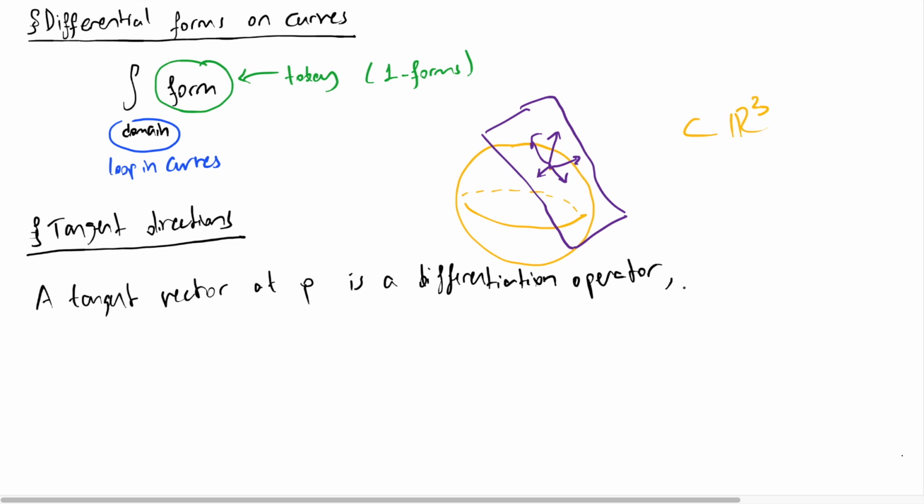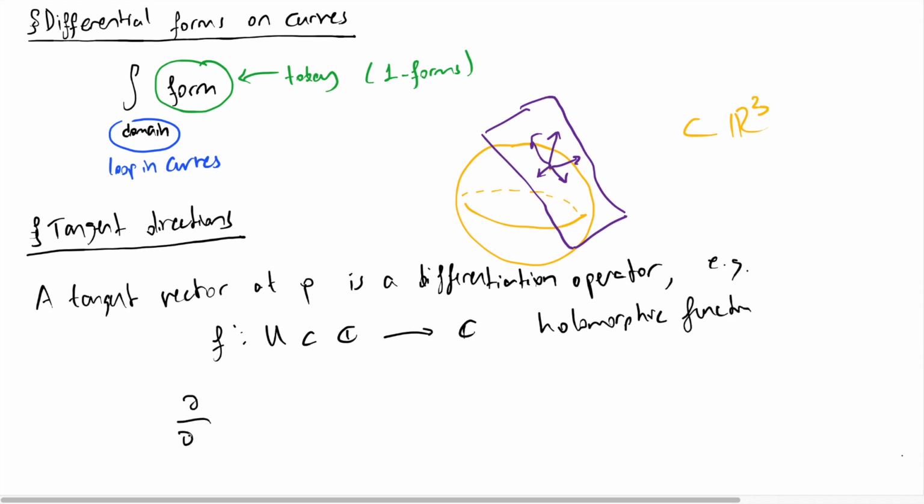So what is a differentiation operator? It's something that satisfies the Leibniz rule, but let's just stick to a function like this. Let's say I take some domain inside the complex numbers and I take, for example, a holomorphic function. That's all I care about.